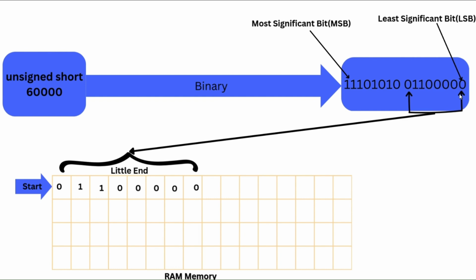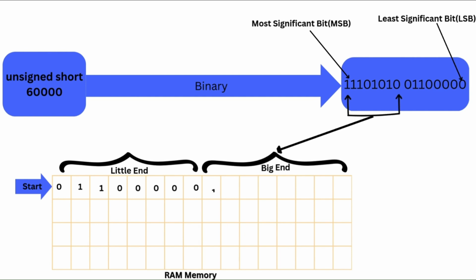So what happens in a little endian system? Let's say you take a memory RAM, and this is the start of the RAM. It will take the little end byte, which contains the least significant bit, and store it first. After that, it takes the next one, up to the big end.